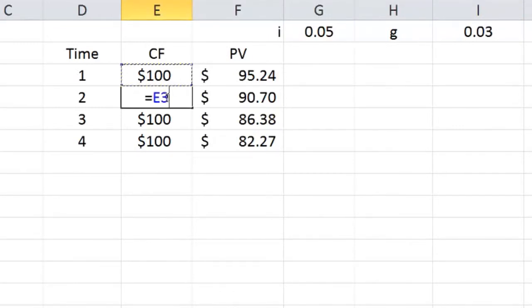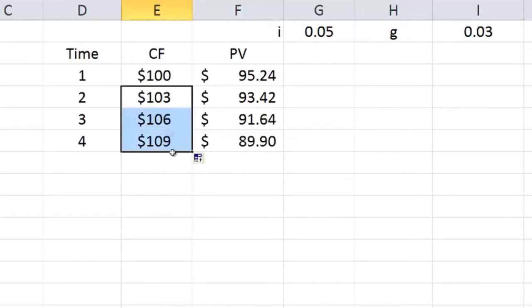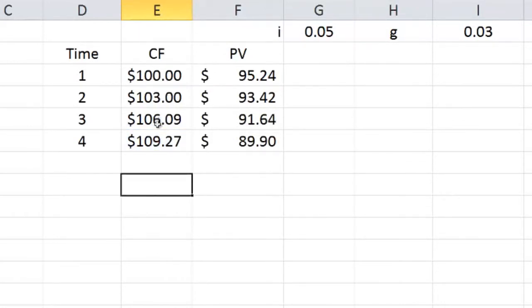So we know our cash flows are going to grow year to year by a rate of 3%. Okay, had to make sure there to show the cents also, or else it doesn't look like you're earning the compounded interest.